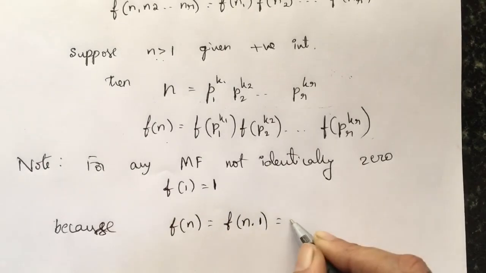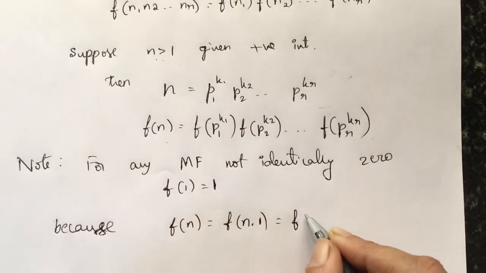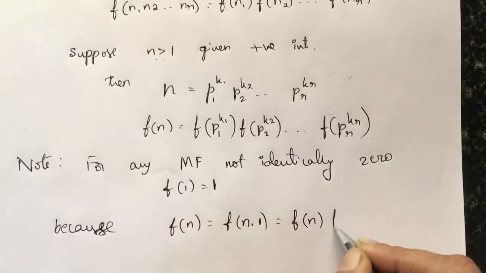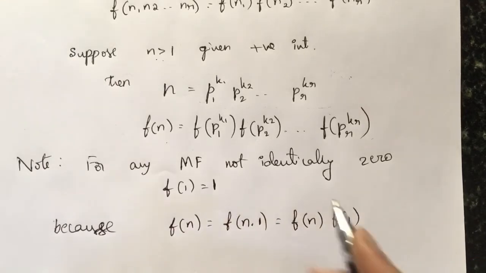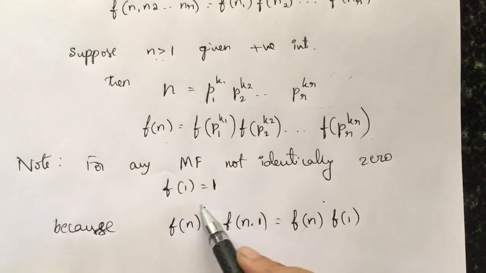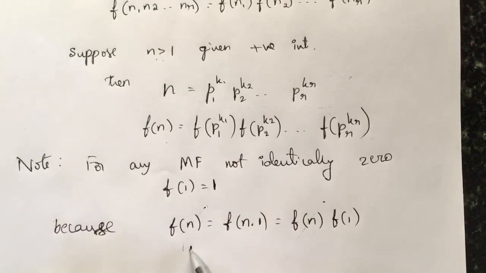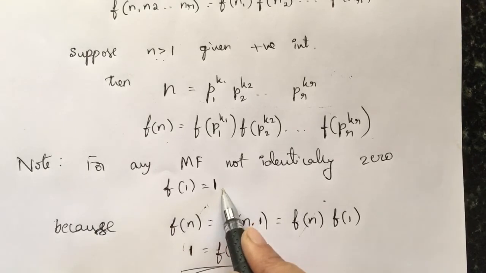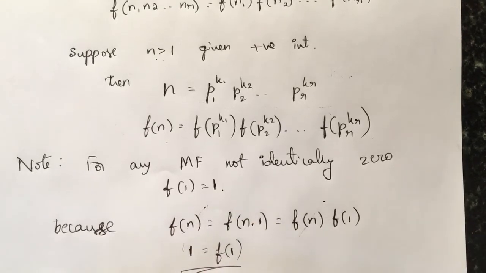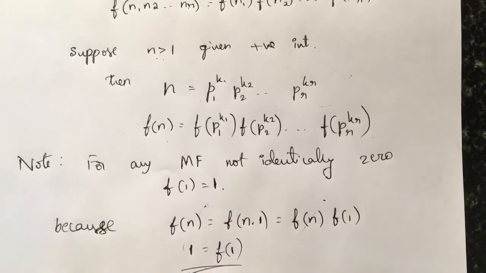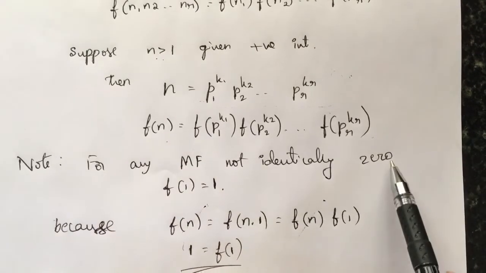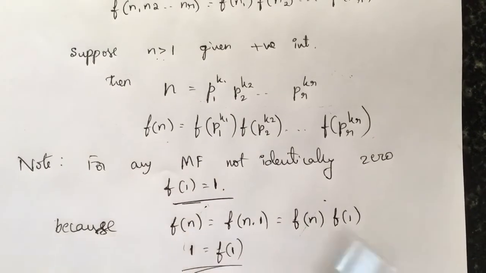Since f is a multiplicative function, this can be rewritten as f of n into f of 1. Now if we cancel f of n on both sides, I get 1 equal to f of 1, in the sense f of 1 equals 1. So for any multiplicative function which is not identically 0, f of 1 is 1.